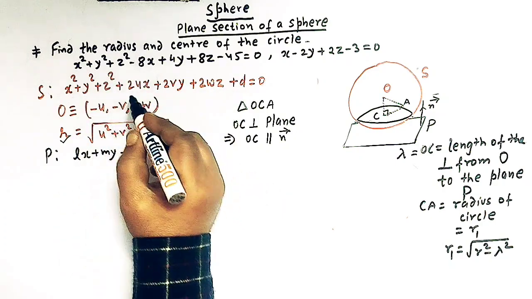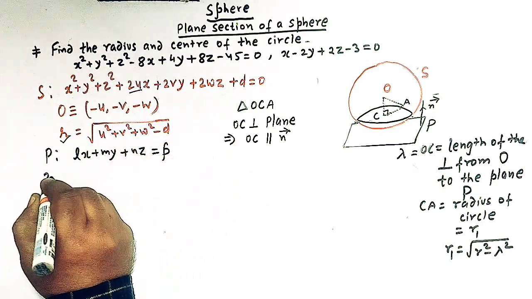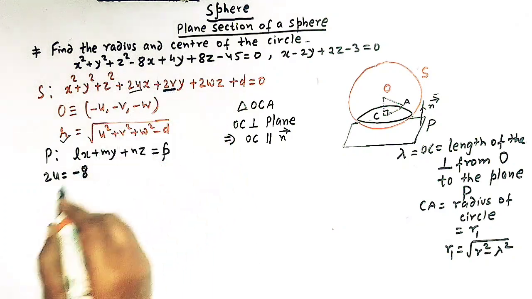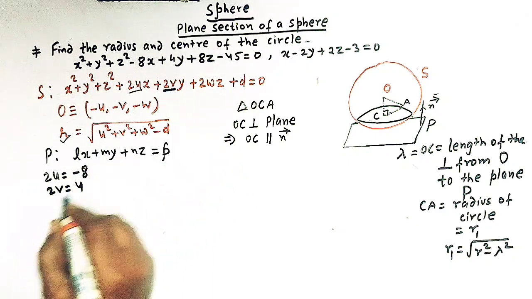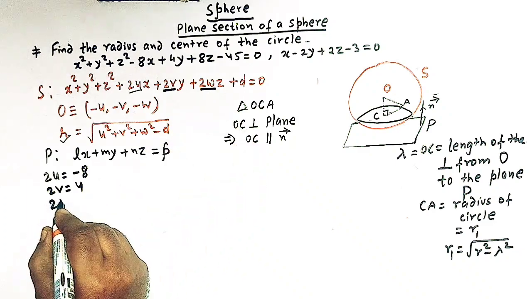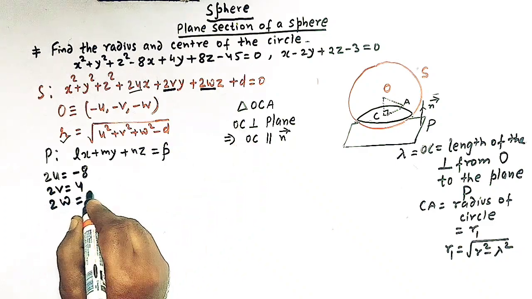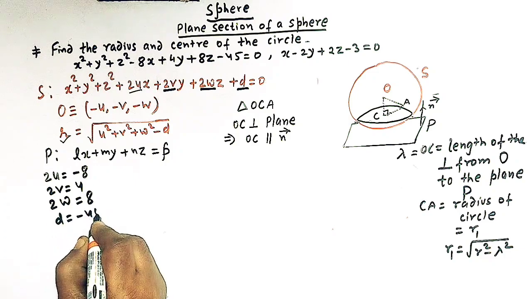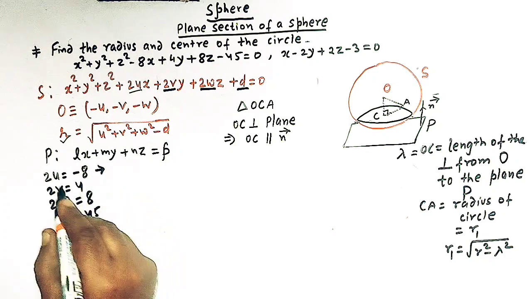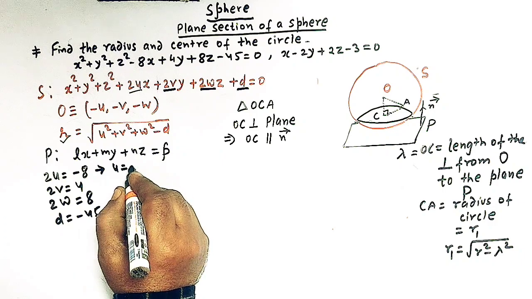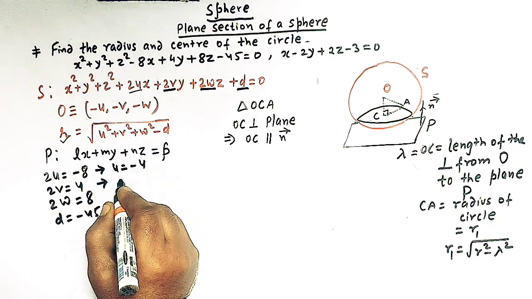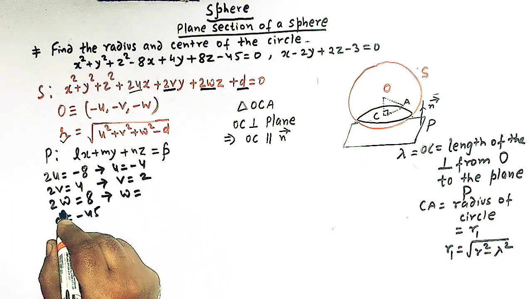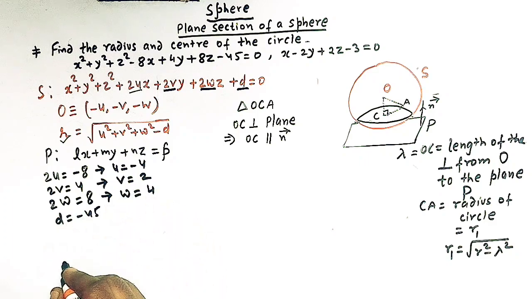So here we have 2u equal to minus 8, then 2v is equal to 4, and 2w is equal to 8, and here d is equal to minus 45. So from here we get u is equal to minus 4, v is equal to 2, and w is equal to 4, right?